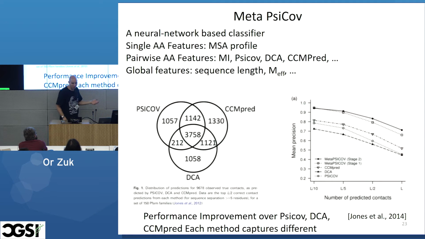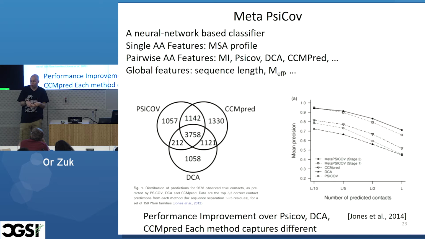One is called MetaPSICOV, which is by the same authors of PSICOV. What they basically did, and this is common to all of these methods, is you run the simple methods first. So for example, you run PSICOV or DCA, you can also run a secondary structure prediction program, and you use your profile. All these simpler programs give you new features. There are single amino acid features like a profile, which is the frequency of each amino acid in this location, and there are also pairwise features, like for example the prediction of direct coupling analysis for a particular pair.